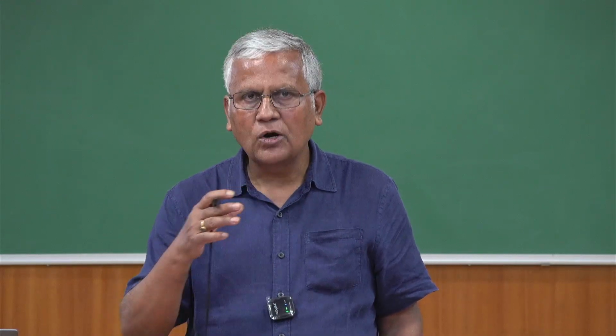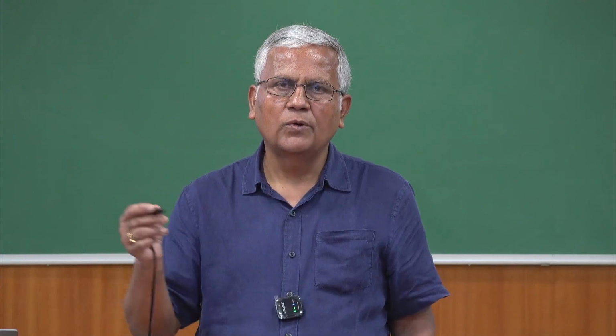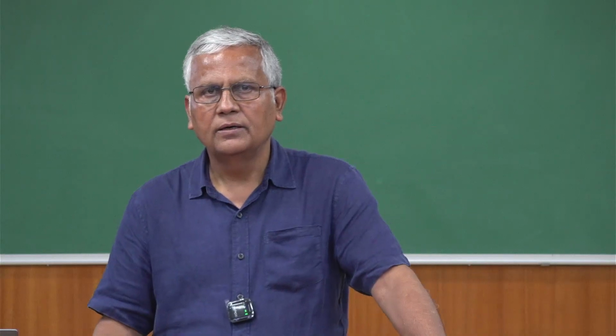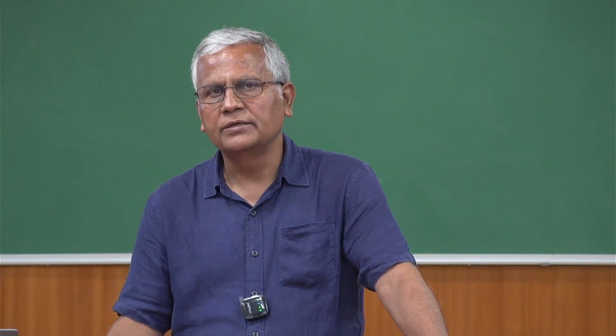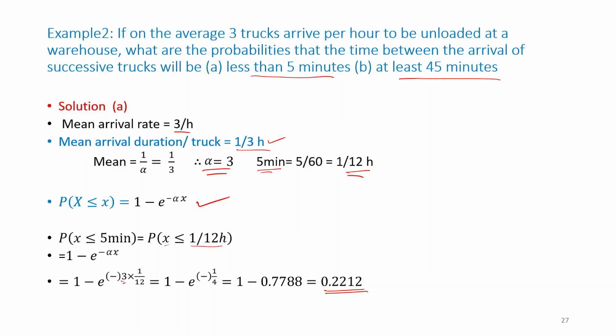Then we can plot those probabilities to find out how the probability is changing as the value of x is changing, to see where it is maximum. Here, because it is done manually, we have done it for only one particular duration of time, which is less than 5 minutes.